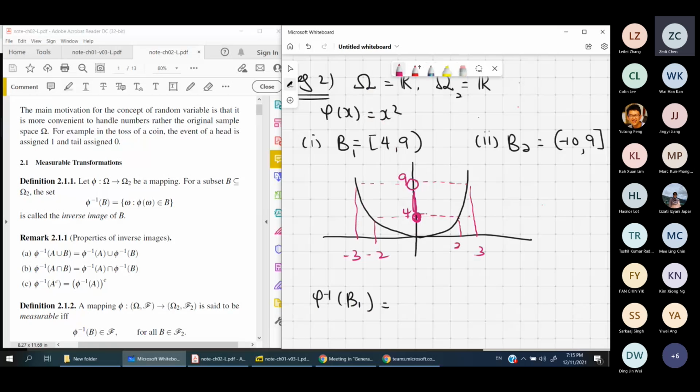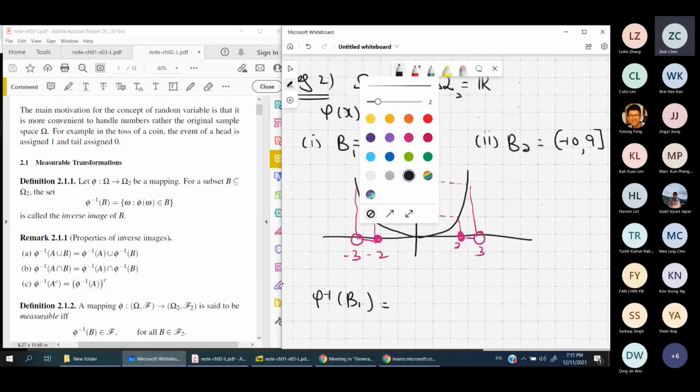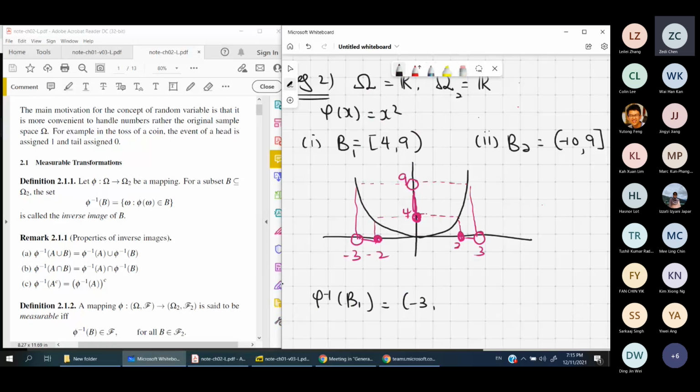Okay, so that's why when we pull back, that means 2 is included, excluding 3. So the answer for this case will be -3, excluding -3, -2, including, so 2 to 3. Okay, so this is the answer for the first one.